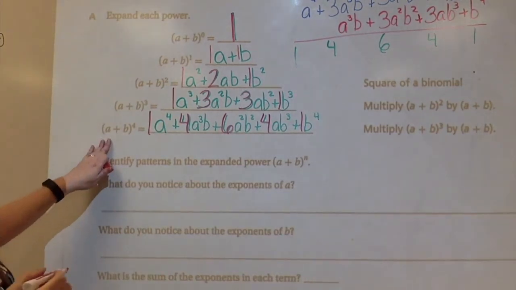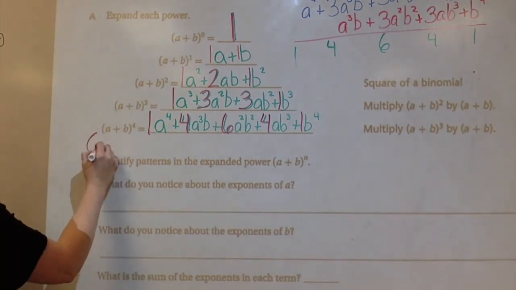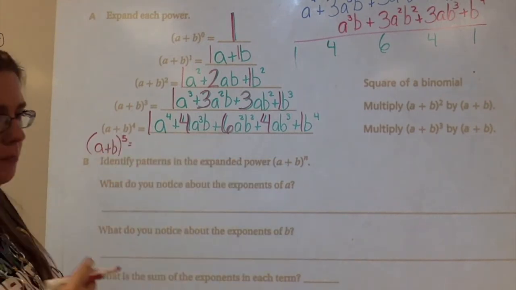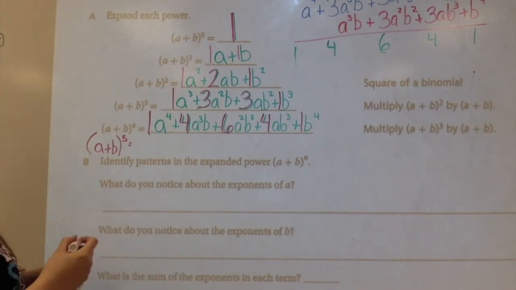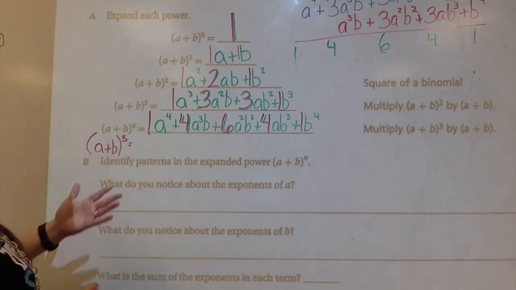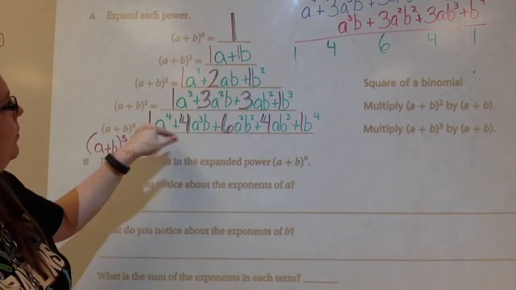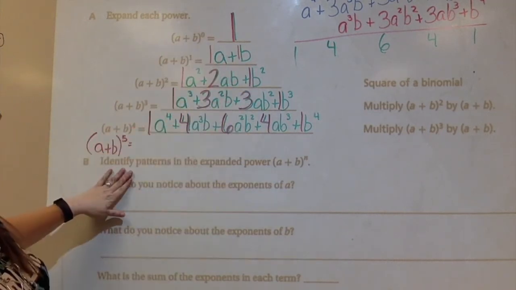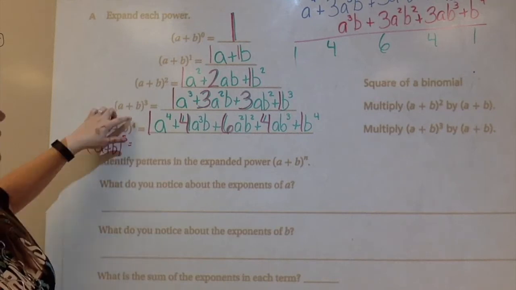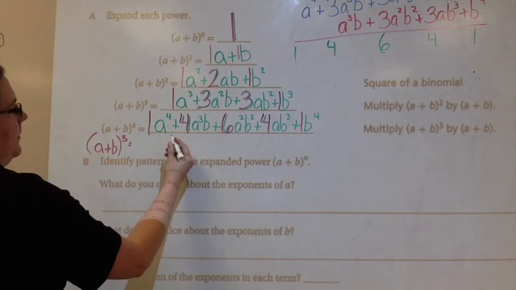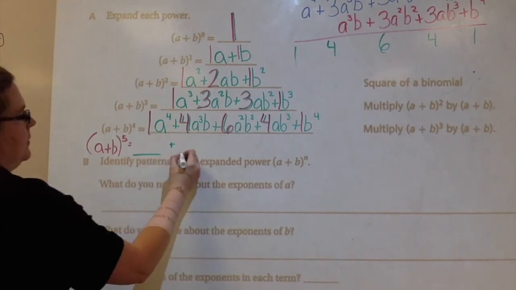So hopefully you should be able to notice that if we did a plus b to the 5th, we could predict what the coefficients would be based on Pascal's triangle. Also, the number of terms is one more each time. This is 1 term, 2 terms, 3 terms, 4 terms, 5 terms, and 6 terms. There's always one more term than the exponent. So if we wanted to write this out, we would know that we would have 6 terms.